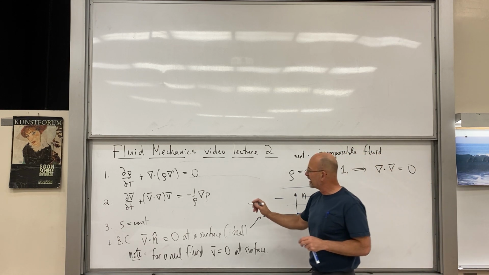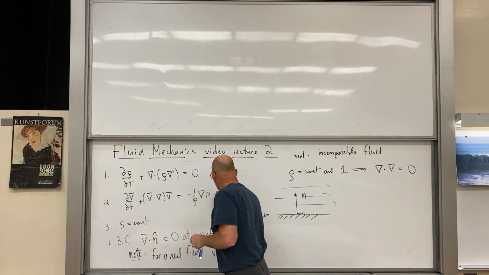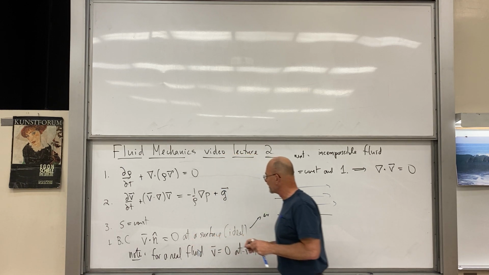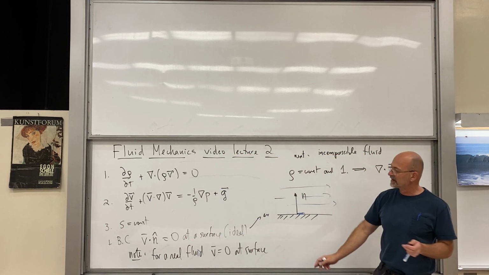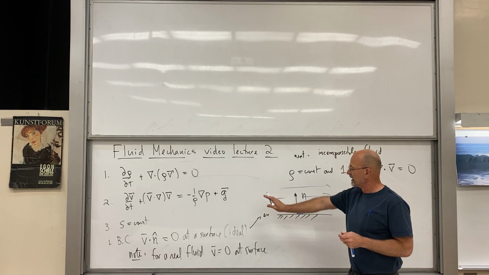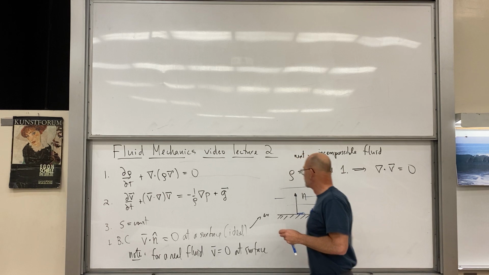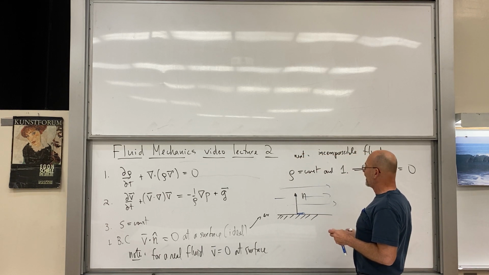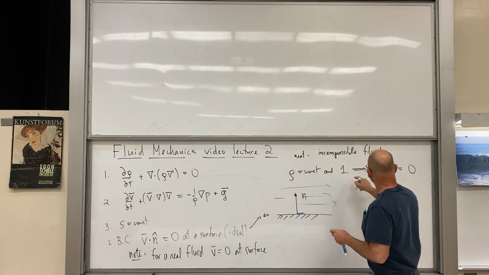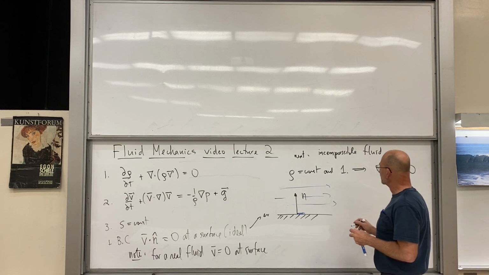Actually, I wanted to have the external field in here as well. G just represents the external field. It's usually gravity, but we had that last time as well. Okay, so we put that in there. So incompressible fluid, we have divergence of v equals 0.